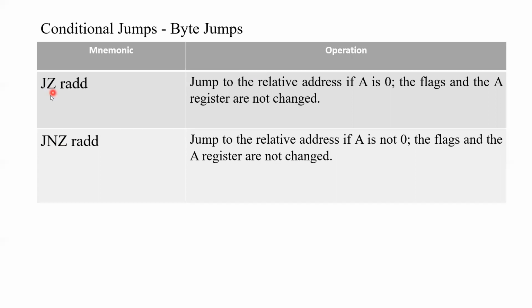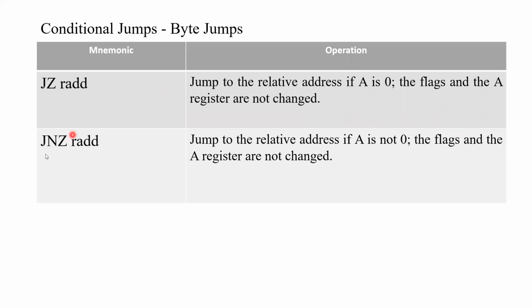If it is 0, then jump to the relative address. The flags and the accumulator register are not changed. It means it will not change the contents of the accumulator. It will just see whether the content of the accumulator is 0 or not. If it is 0, jump to the relative address.